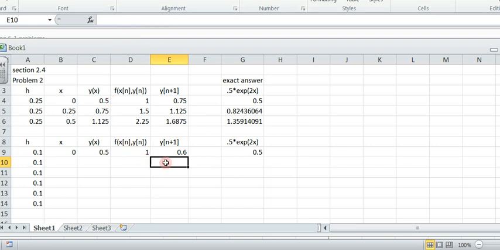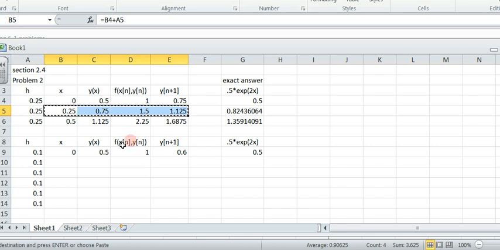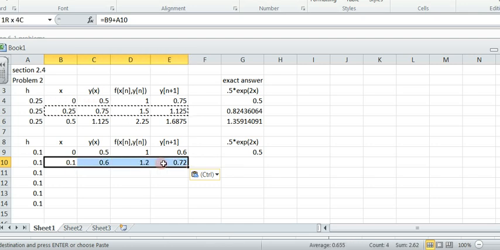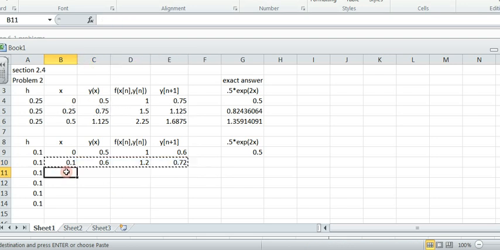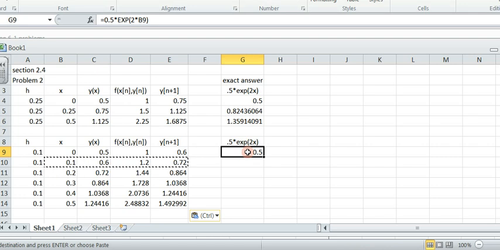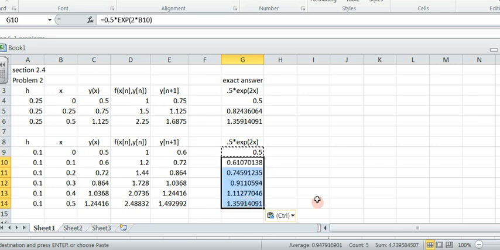Then we can copy that row into here, and then copy this row the rest of the way down. And we can do the same thing over here. So now you can see that we're closer to our answer.